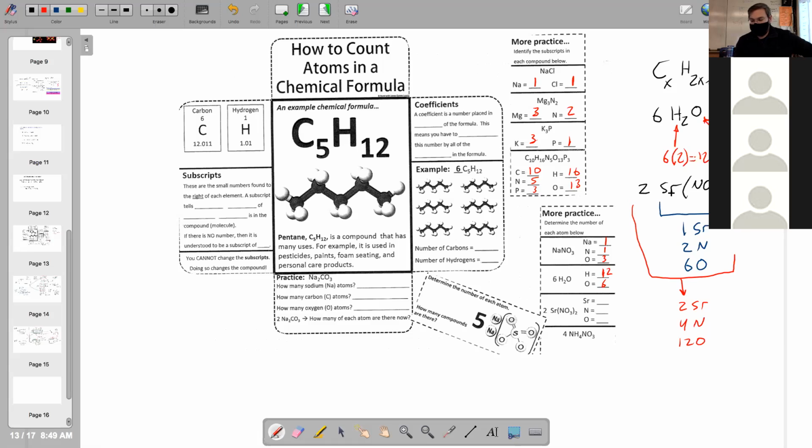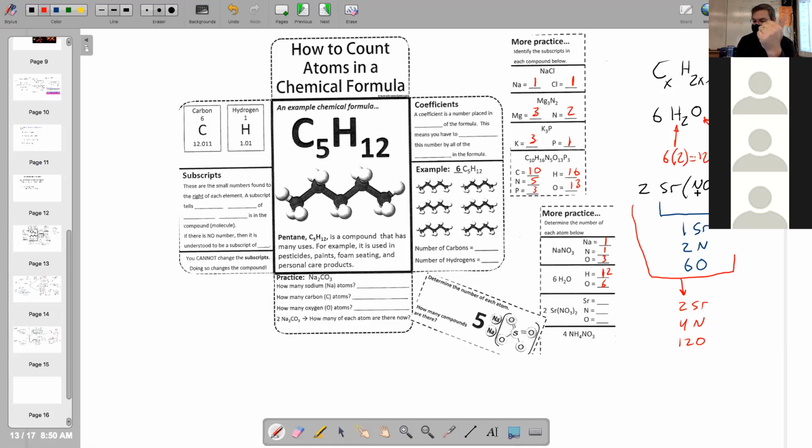Another way to look at it is that the number of atoms is the product of the coefficient, the subscript, and what's outside the parenthesis. For strontium, the only thing there is a coefficient, so it's just 2. For the nitrogen, it's the product of the coefficient, the subscript, and the parenthesis.